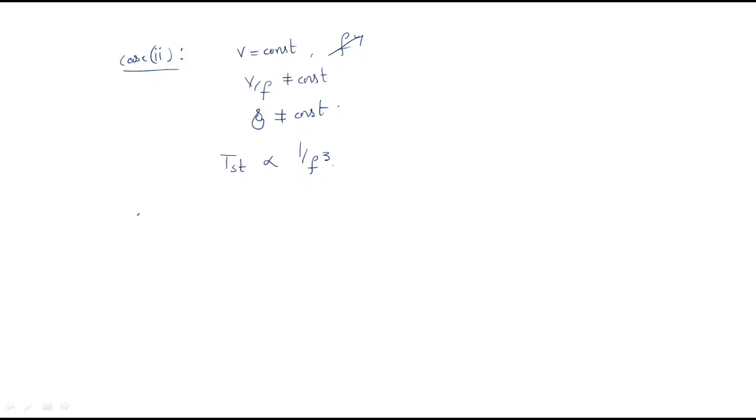In case 3, for example, V is variable and frequency is constant, then V by F is not constant and flux is not constant. Then the starting torque will be proportional to voltage square. These are the three conditions.